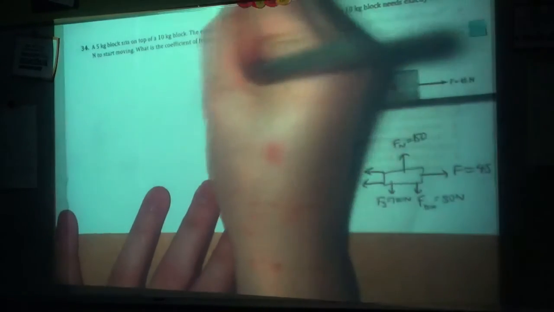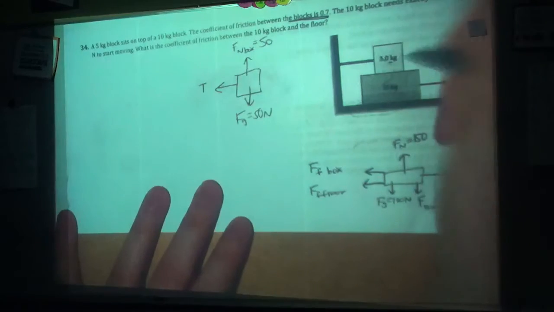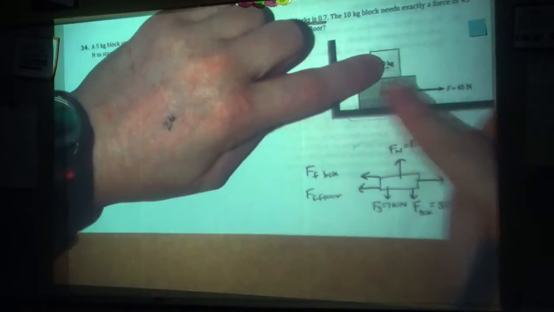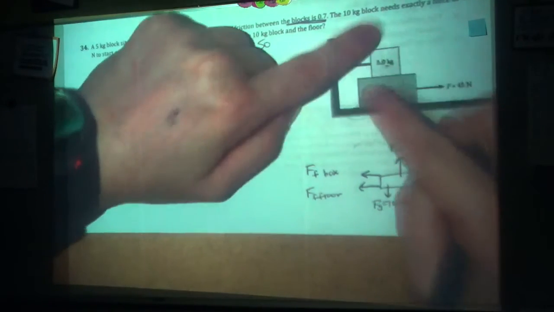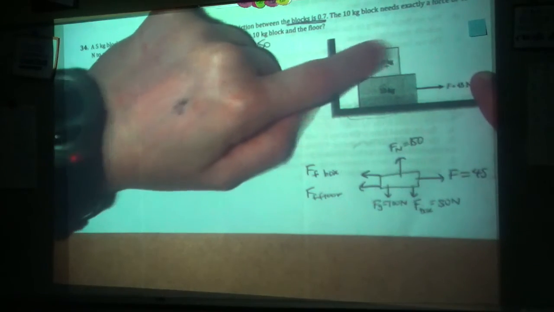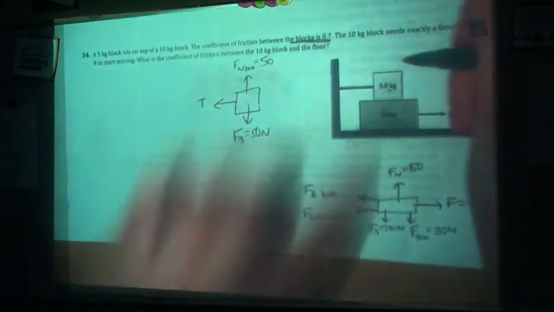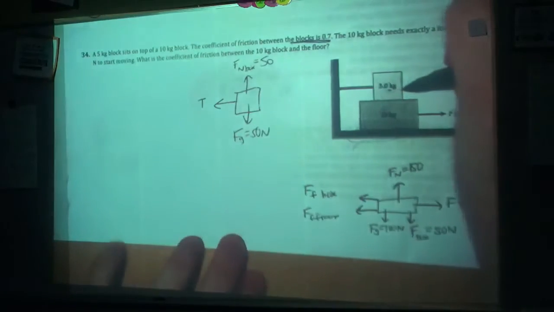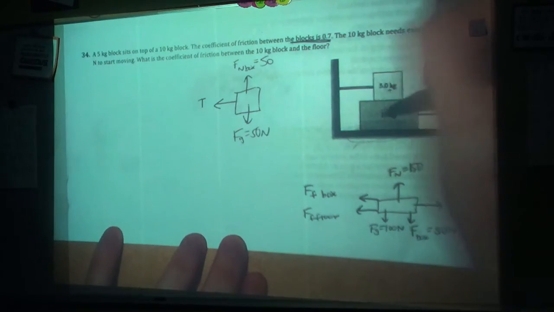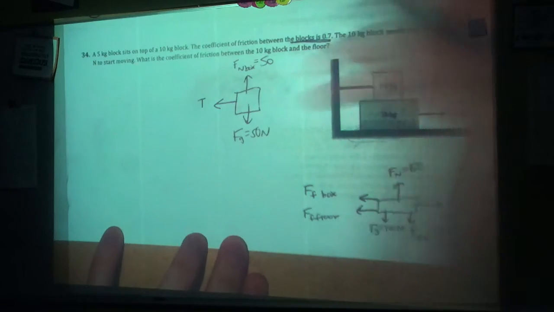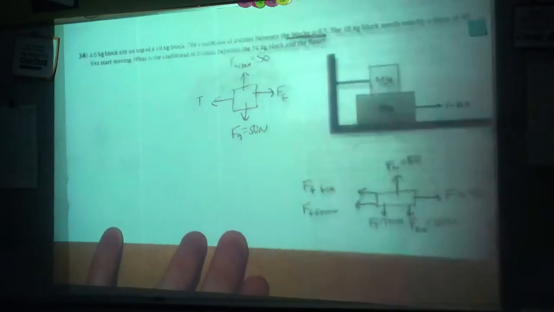And then there's a tension pulling this way. And whenever this one tries to slide away, when you pull this way, the friction pulls back. Basically the friction of the 10 kilogram on the 5 kilogram would be to the right, like this.